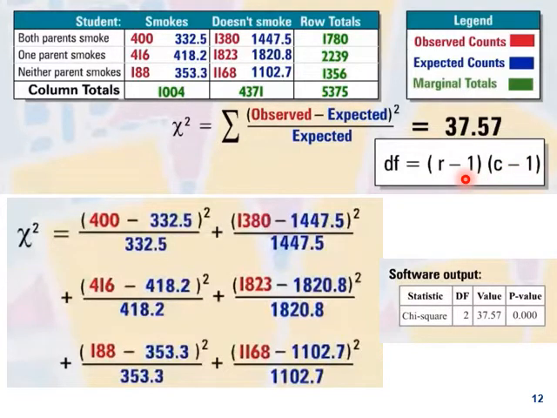So the degrees of freedom is 2 multiplied by 1, which is 2. Now we calculate for 37.57 with 2 degrees of freedom, and we got a p-value of 0. So we can conclude that there is a relationship between parents smoking and whether students smoke or not.